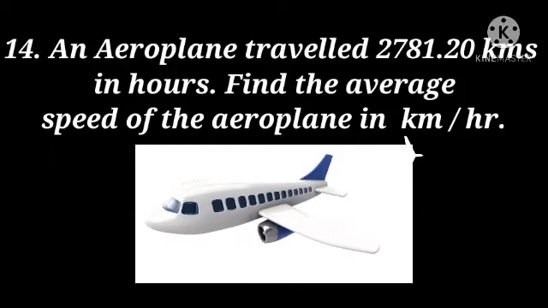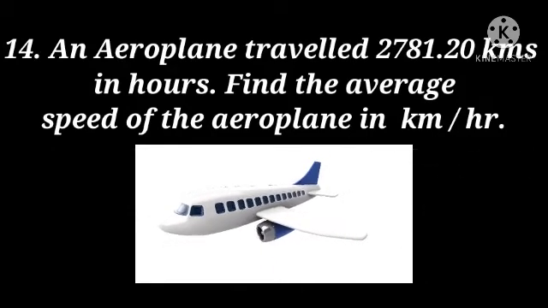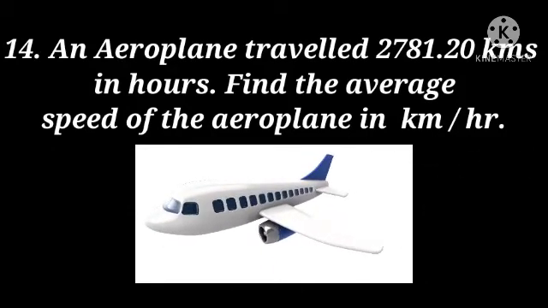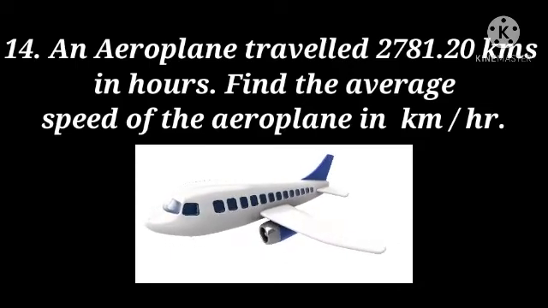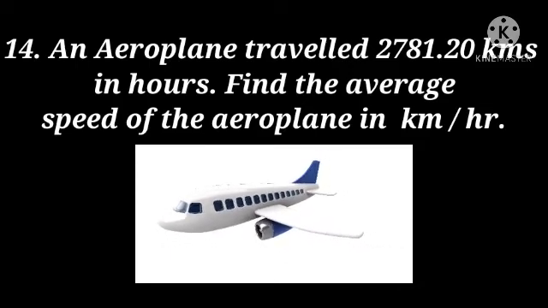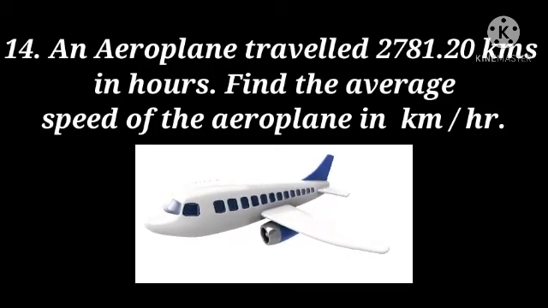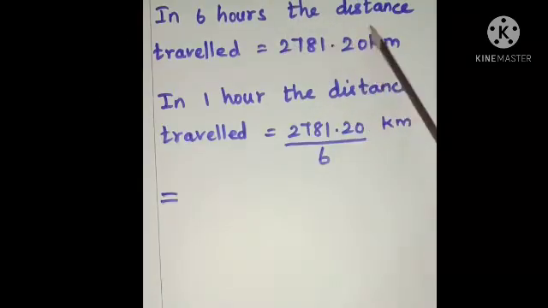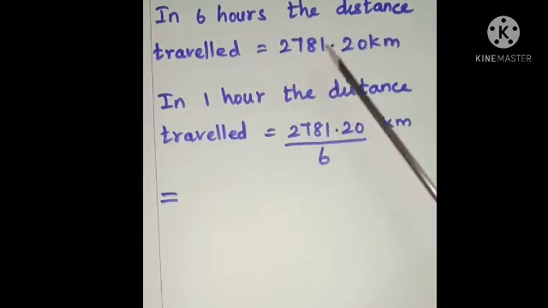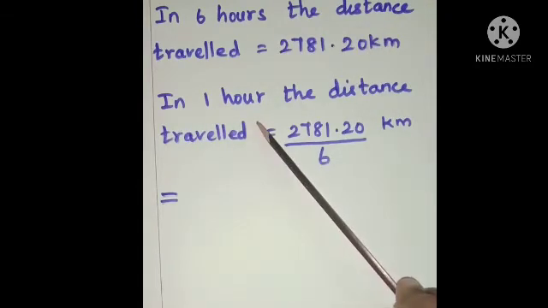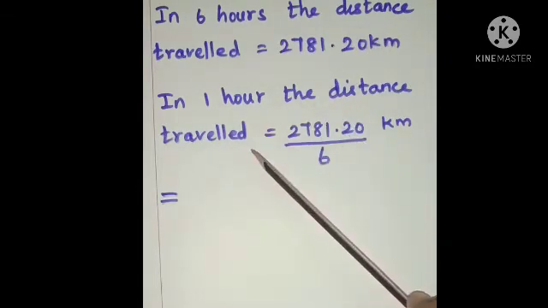14th problem. An aeroplane travelled 2,781.20 kilometers in 6 hours. Find the average speed of the aeroplane in kilometer per hour. In 6 hours, the distance travelled is equal to 2,781.20 kilometers. In 1 hour, the distance travelled is?